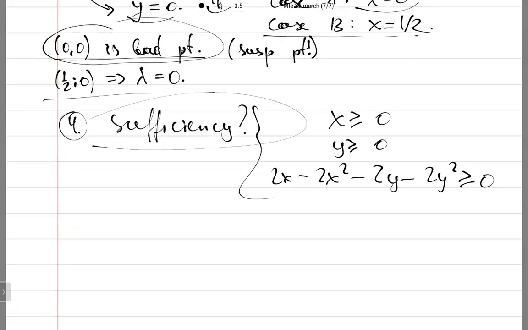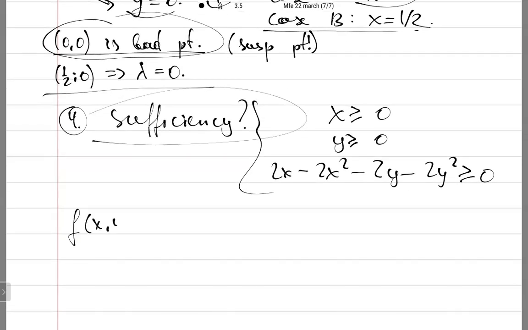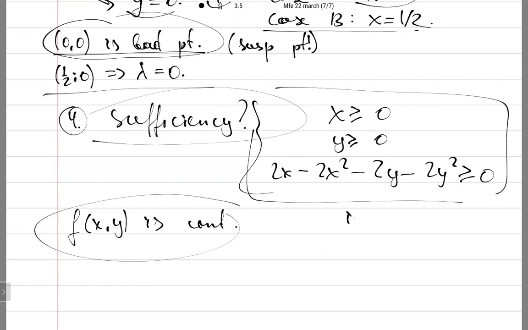My function f is continuous. The feasible set is... I'd like to use the Weierstrass theorem. Obviously, I will not do it with the Hessian matrix. My function is continuous.